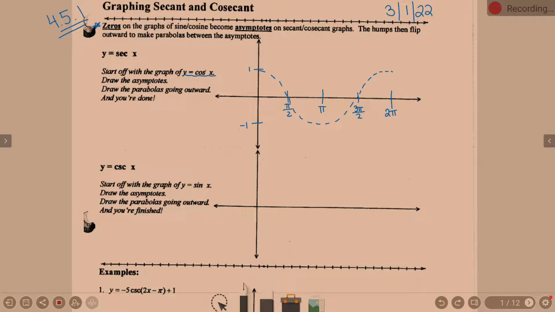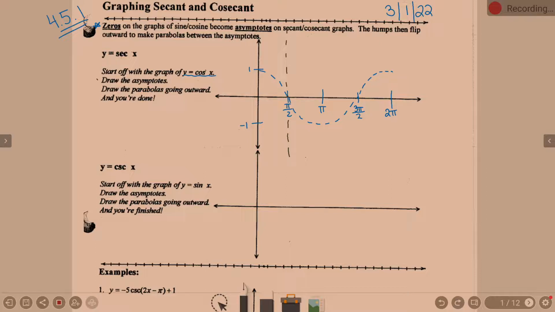Now, next step is to draw the asymptotes. Where are the asymptotes going to be? Zeros on the graph become asymptotes. So a zero is any place my graph crosses the x-axis. For instance, there was a zero at pi over 2. What am I going to have here now instead? An asymptote.